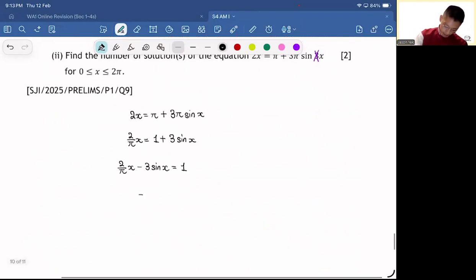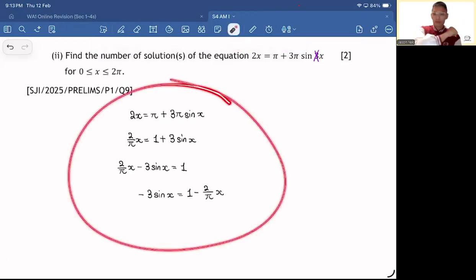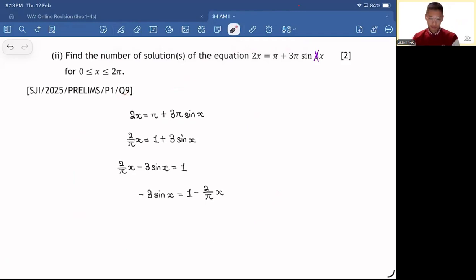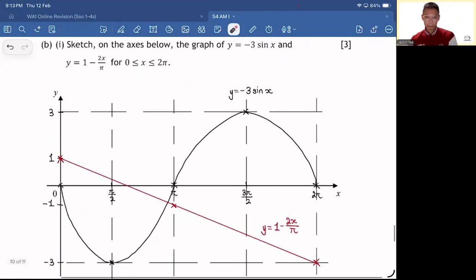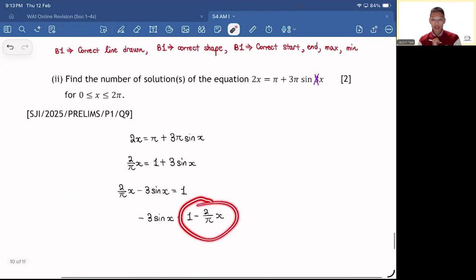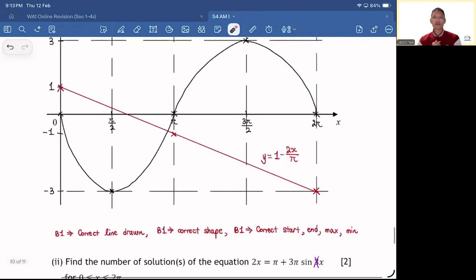So you realize by manipulating this question, it is the same thing as this one here, negative 3 sine x. Didn't we sketch this just now? This one over here, didn't we sketch this just now too?